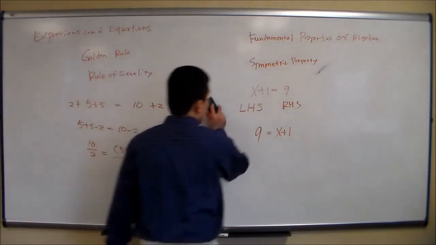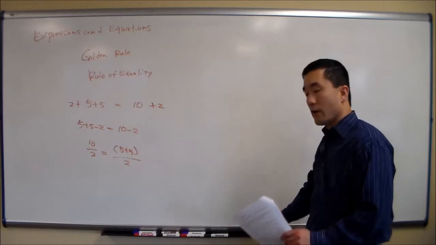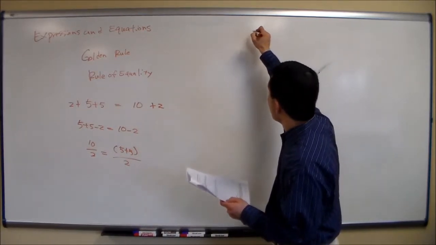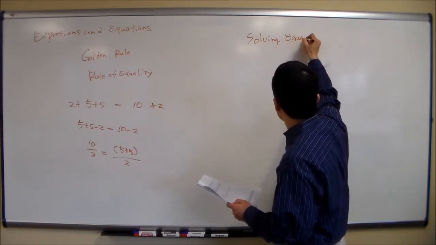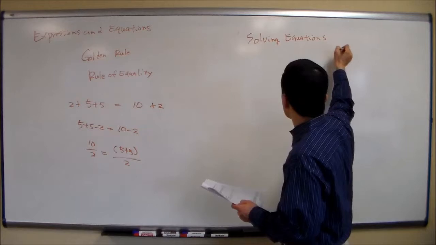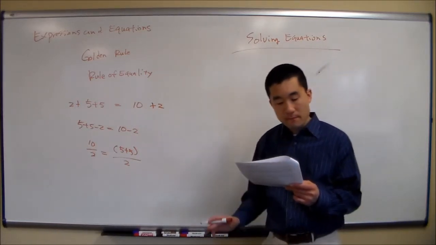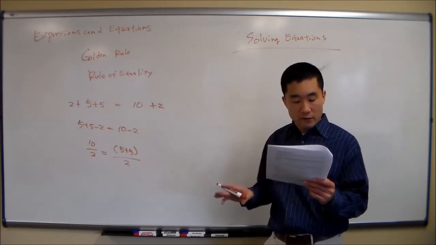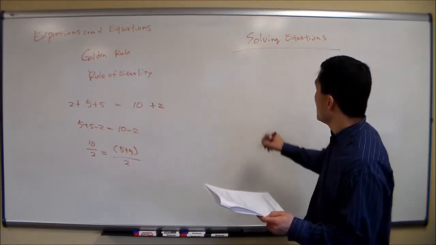So remember this, what we're going to do for the next couple weeks is solving equations. It's the primary reason you're taking this class. There's a couple ways to do it, using the table or solving the equation by following the steps. I'm going to focus on following the steps.